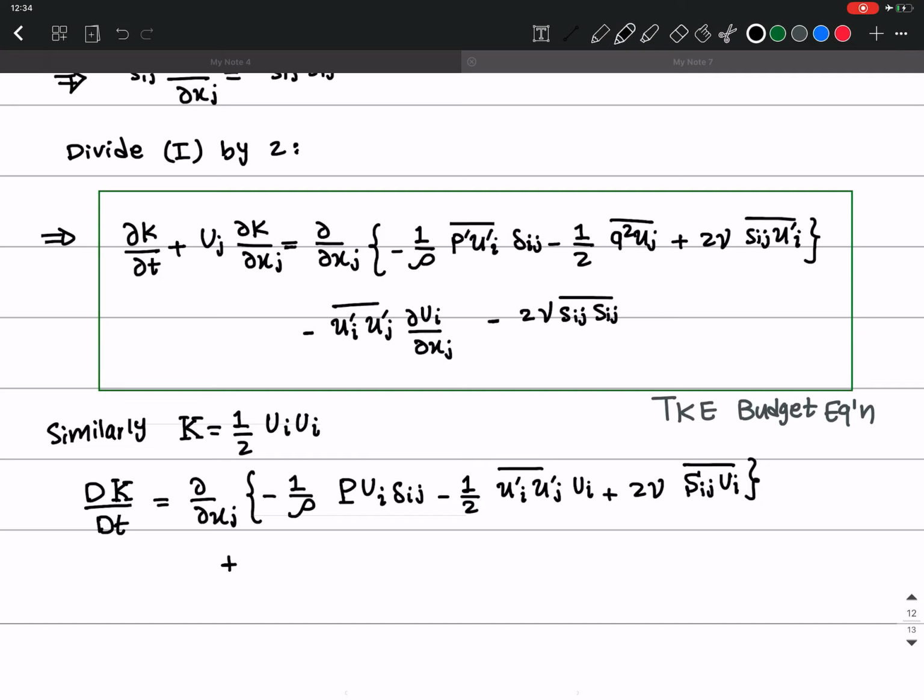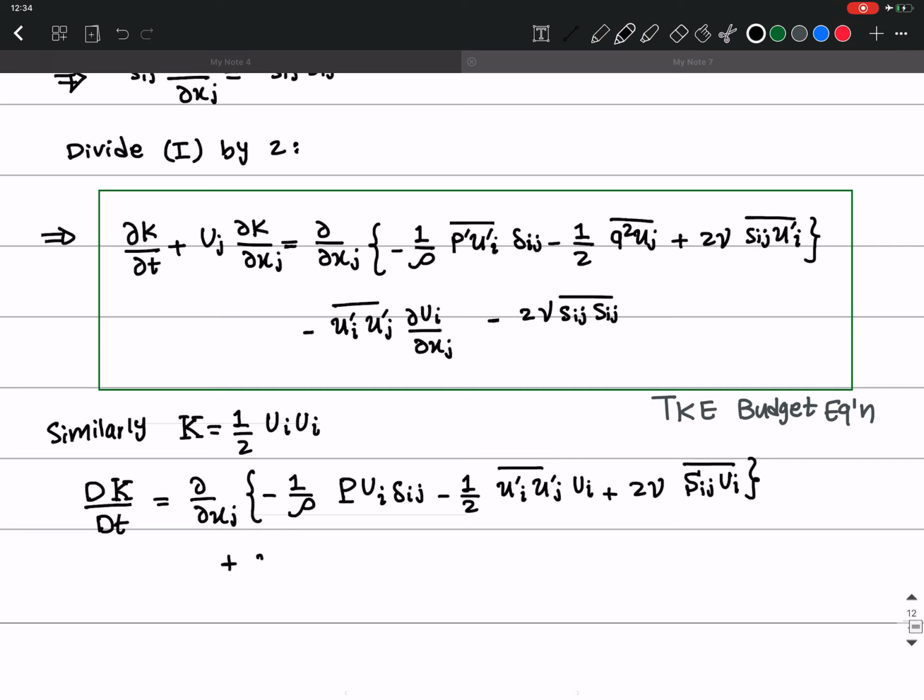plus u prime i u prime j partial Ui over partial xj minus 2 nu Sij Sij, which is for the mean component.